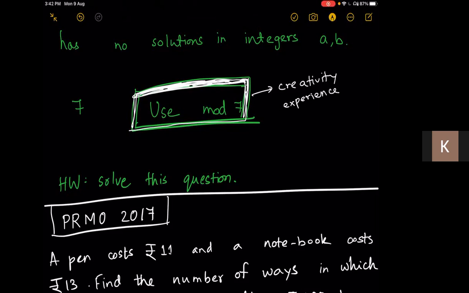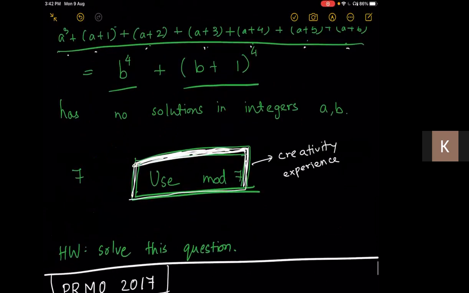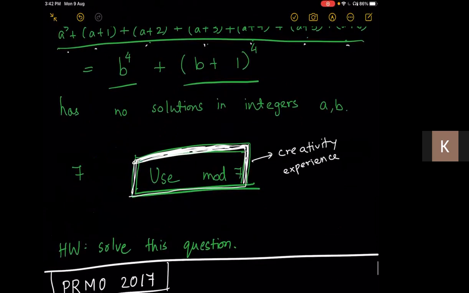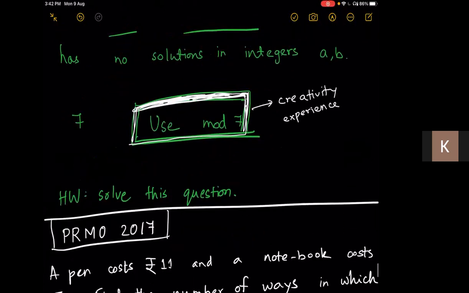The more you solve questions like this, the more you have an idea what to use when. Here you have 7 consecutive integers, so maybe 7 is a good idea. You have to try out different things and see what is working. There is no rule that will fit everyone. You have to be creative and experiment.